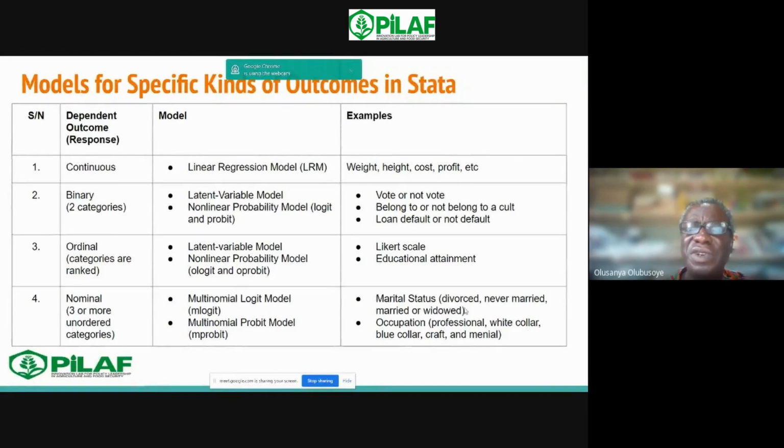Marital status in this case has 4 levels, and occupation in this case has 5 levels. But no level is higher than the other. So when we have that, we can use the multinomial logit model, mlogit, also in STATA, or we use the multinomial probit model. So it's always either you are choosing between logit or probit, or between ordinal logit or ordinal probit, or between multinomial logit or multinomial probit.